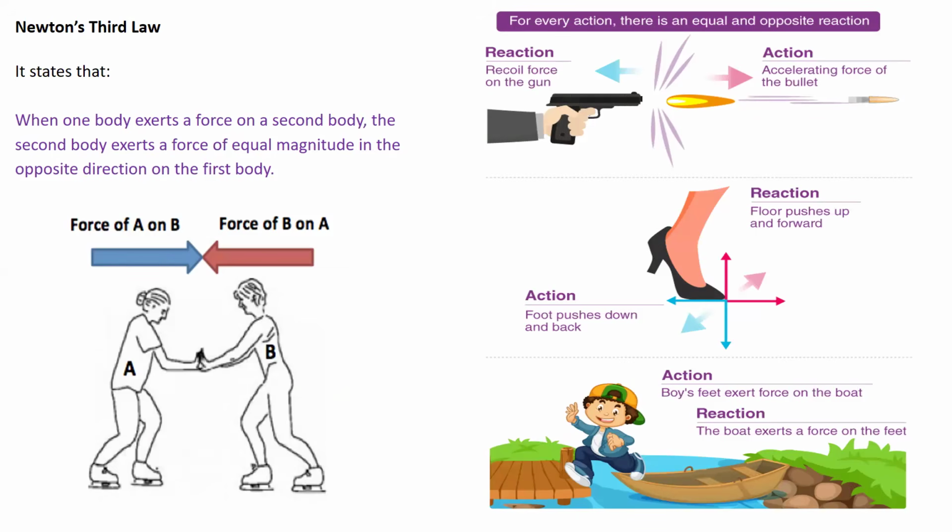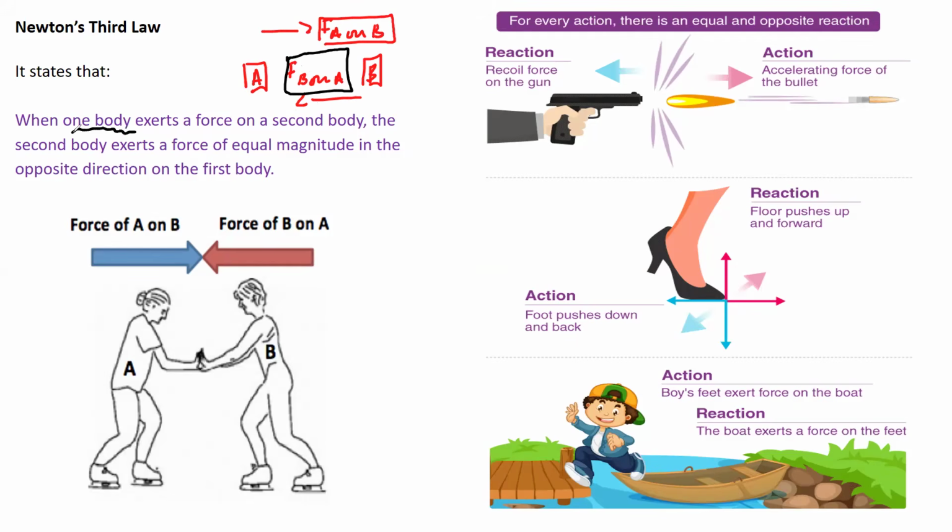Newton's third law says that when two objects exert a force on each other, so object A, object B, the force that A exerts on B is the same as the force that B exerts on A. They are equal in magnitude, but they are opposite in direction.